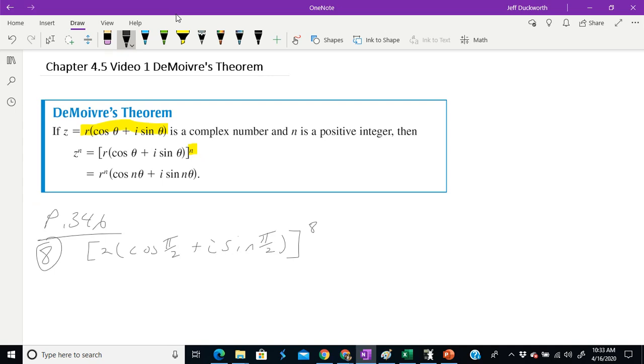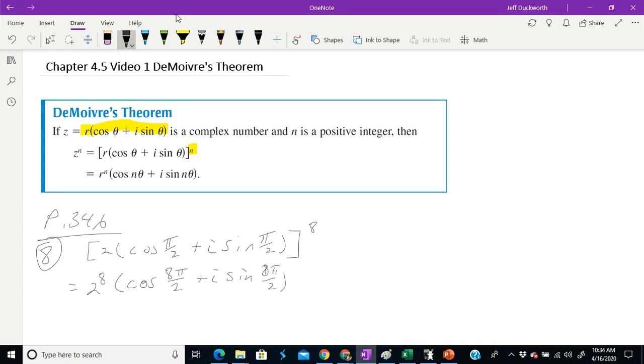So we're going to take this. This is going to equal 2 to the 8th power, and then this is multiplied by cosine of 8 pi over 2, plus i sine of 8 pi over 2.